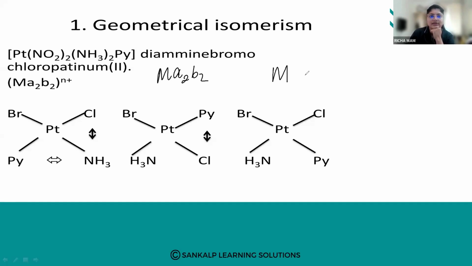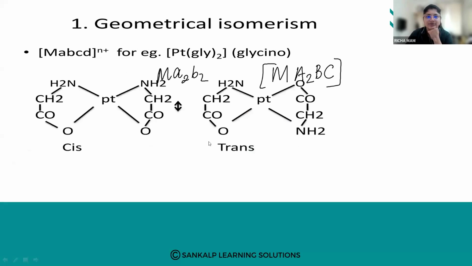Platinum is there. Then diamine means two amine. Then one more bromo. Then chloro. So A2BC type of ligand is there. Let us discuss this later with the example itself. This we have discussed today.